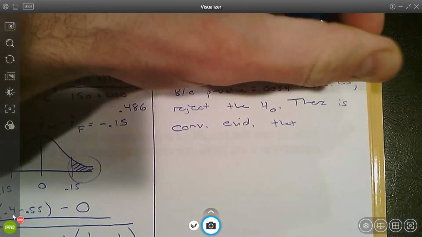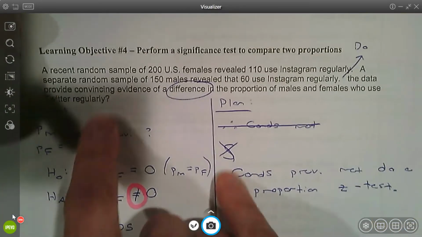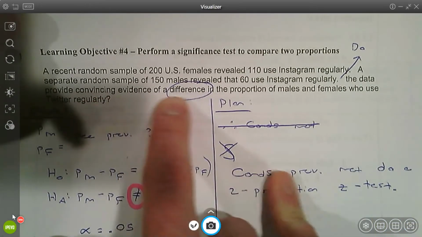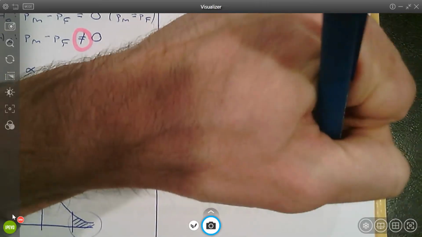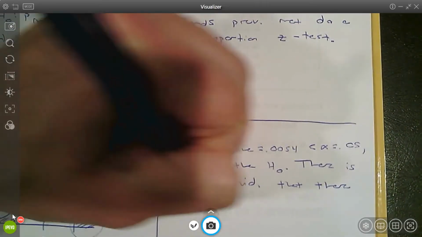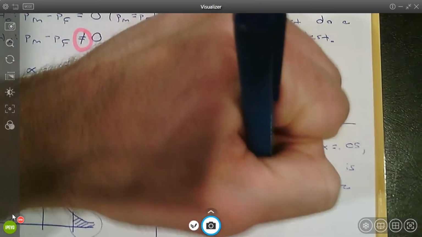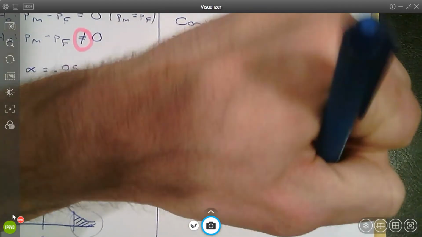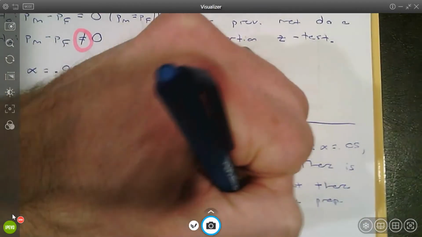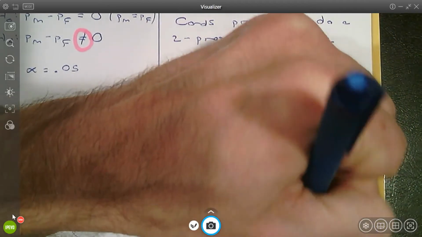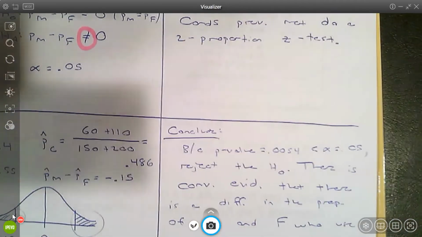that... Now I'm just going to strip the context again. Does this provide evidence of the same thing, that there is a difference in the proportion of males and females who use, oh, and I forgot to switch this over.